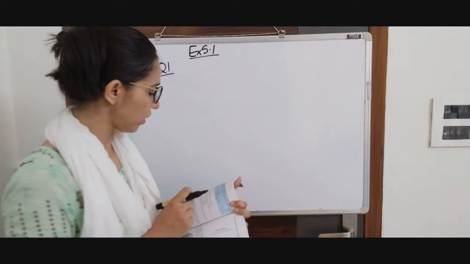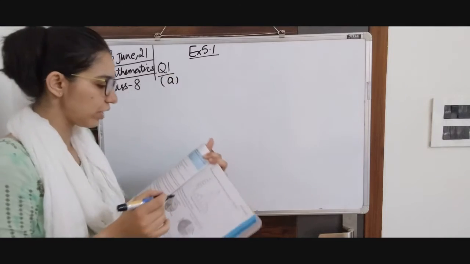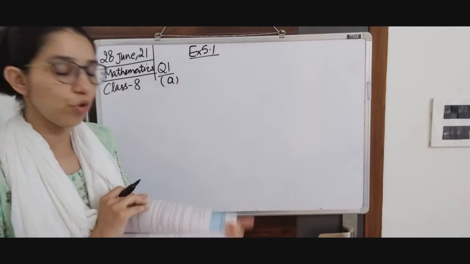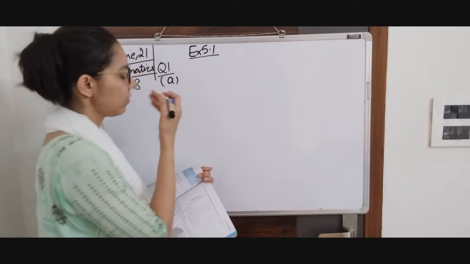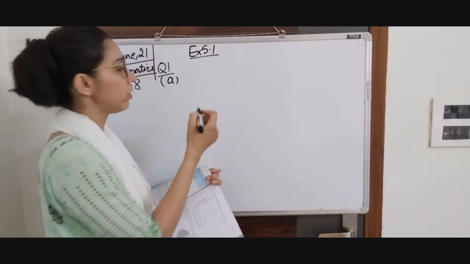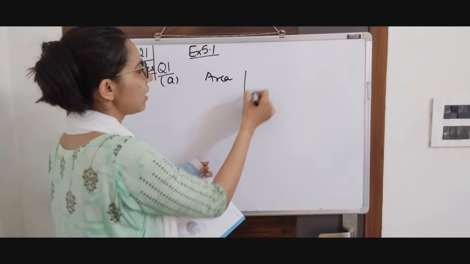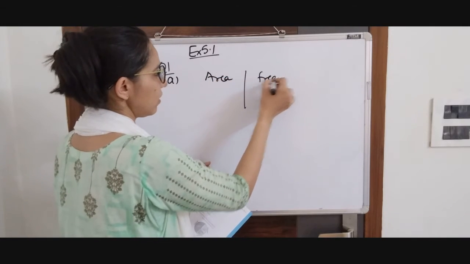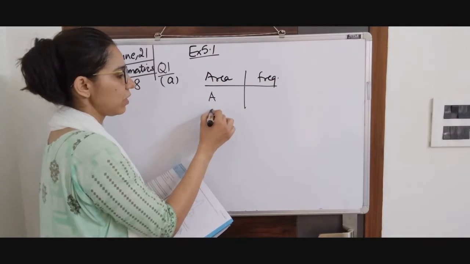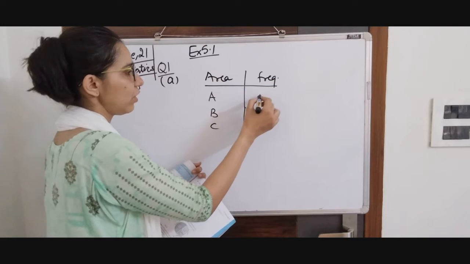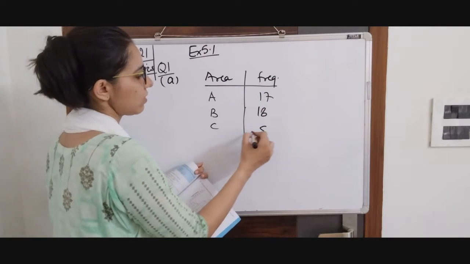First it is given the number of letters for different areas in a postman box. If you are going to organize the number of letters in different areas, it will be like this. You will write area and then you will write frequency. Area will be something like A place, B place, C place, and then it will have frequency, whatever numbers, so 17, 18, 5 and so on.